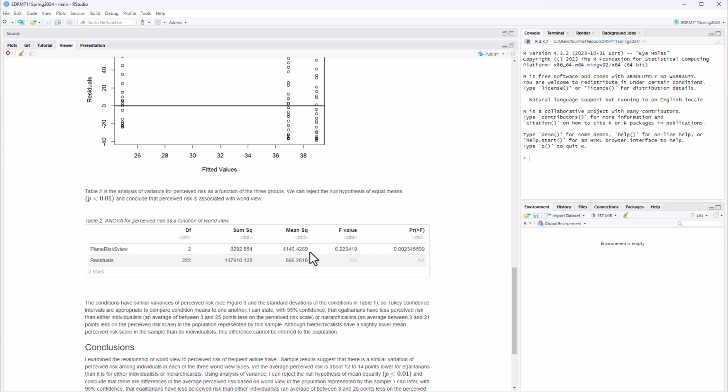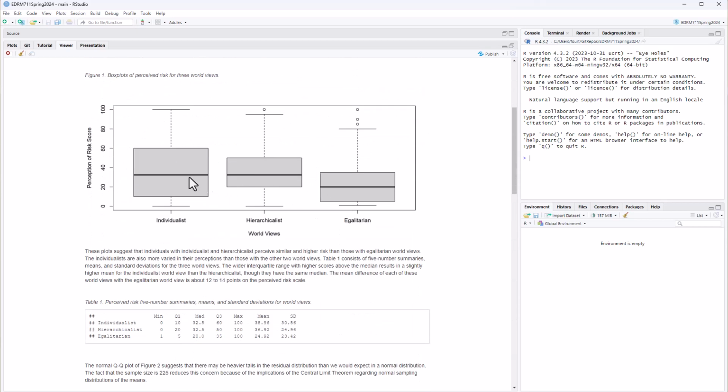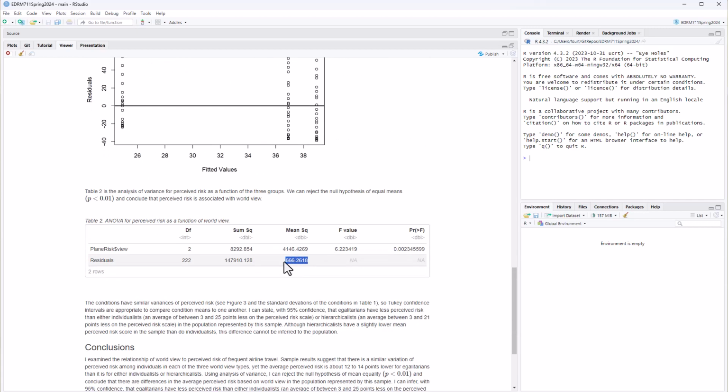So here, the fact that we have a value that is about 6 times as large, you can see that in the F ratio, for the different worldviews than it is for residuals, tells me that I probably have variation that I can infer beyond just this particular sample, variation of means, because the variation across these groups relative to the variation within groups is quite high.